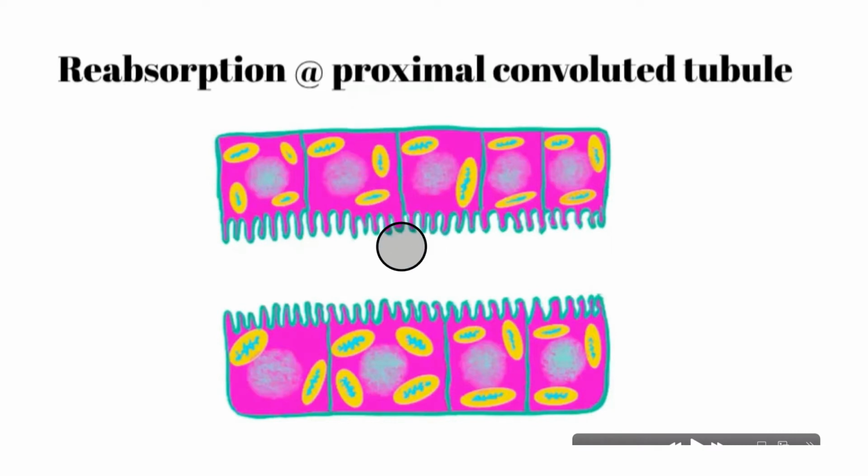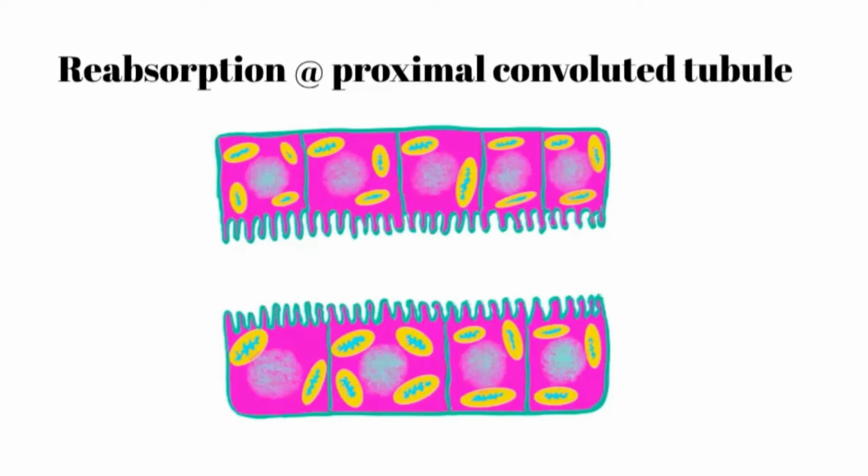These are things that didn't initially get filtered in the renal corpuscle from the glomerulus into the capsular space. So the nephrons, the kidneys, can put things into the lumen, into the nephron, that weren't initially filtered. And some of those things that are secreted into the proximal convoluted tubule are waste products like urea, uric acid, creatinine.